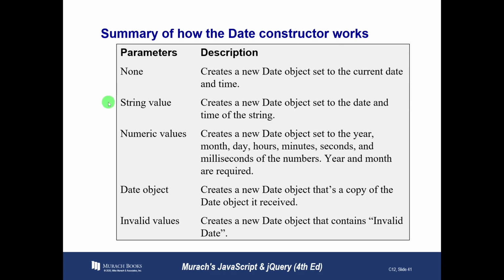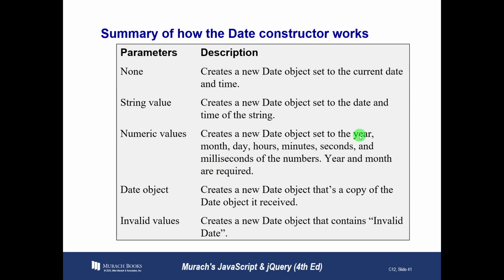We can say new Date, and inside the parentheses set a string value to set the date and time of the string. We can use some numeric values to create a date object set to the year. We can specify up to the year, the month, the day, the hours, the minutes, seconds, and milliseconds. Notice it says year and month are required.